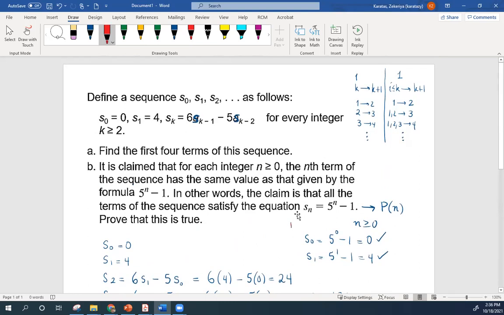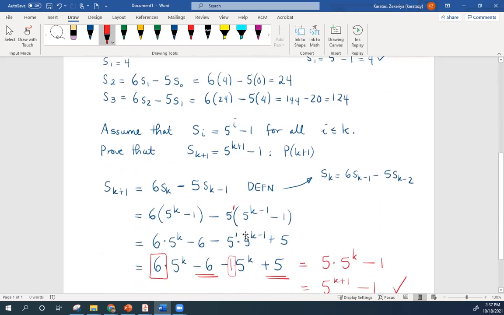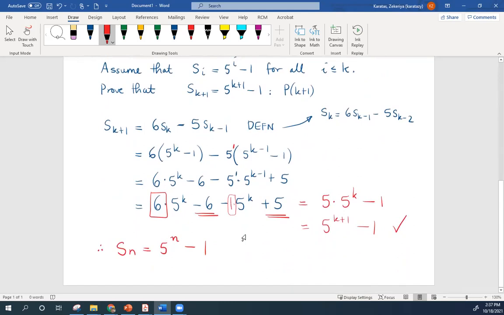This is a great and simple example for understanding strong mathematical induction. There's a slight difference between regular mathematical induction and strong mathematical induction, but both of them can be used for proofs. For these types of problems, of course, strong mathematical induction is the best way. So I hope this example makes sense.